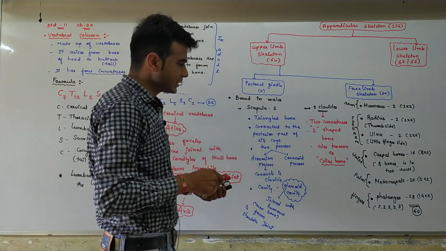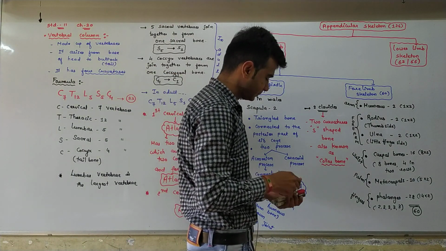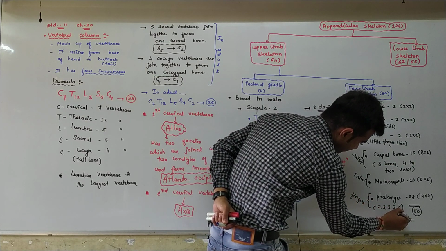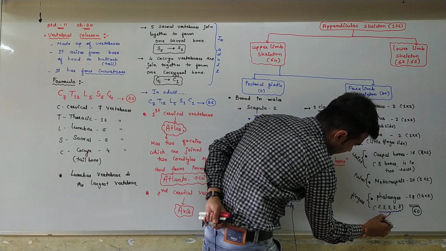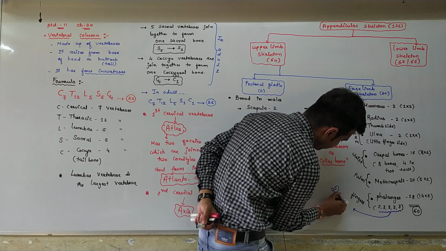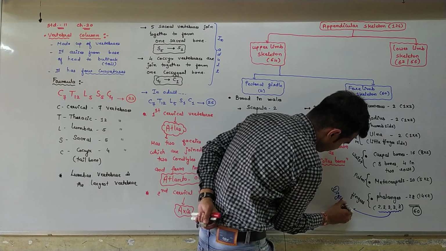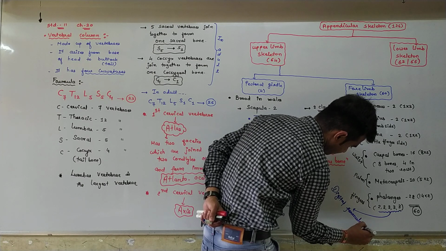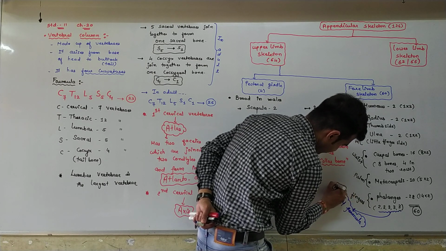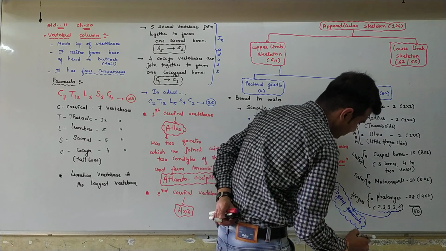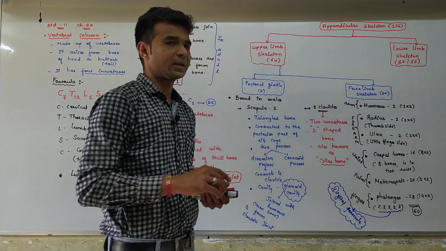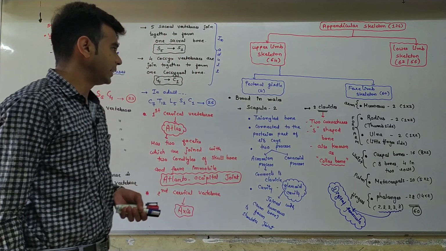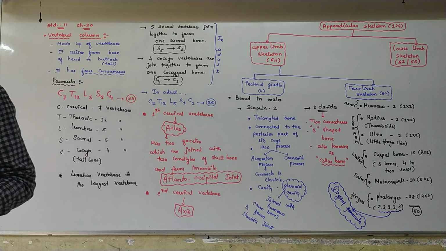So 2, 3, 3, 3, 3 is the digital formula. 2, 3, 3, 3, 3 is known as the digital formula, so it is also applicable for the lower limb. Fine. So this is about the upper limb skeleton.